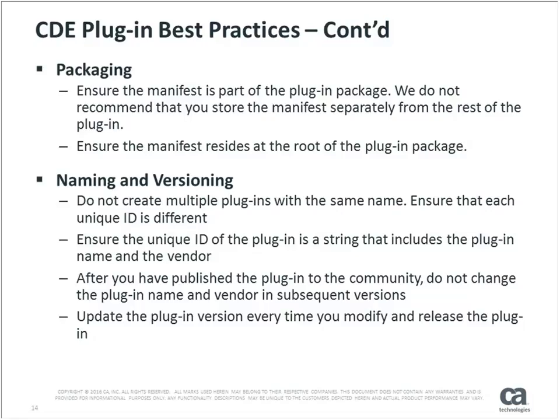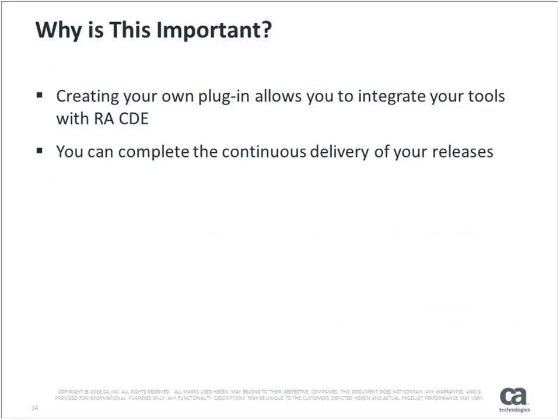Always update the version of the plugin every time you modify and release the plugin. This is also important. That way, people can see that the versioning is changing, and they can verify that they have the correct version, and maybe use the features as they're being included.